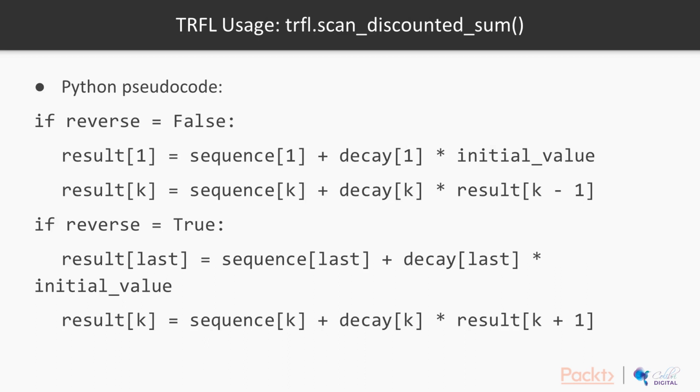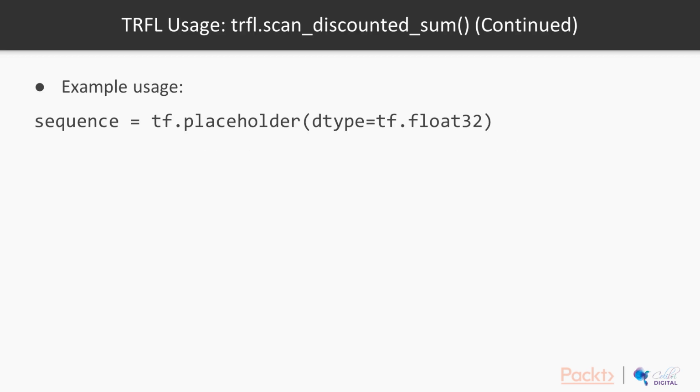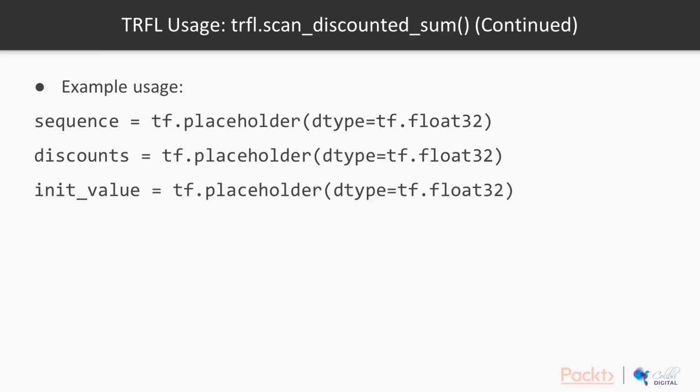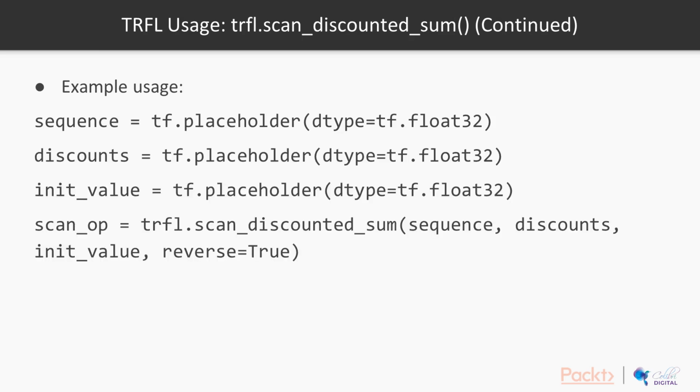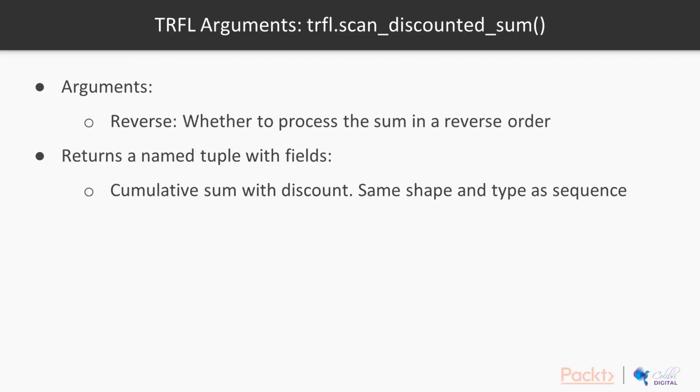We use it in the code for this video to apply discounts to a trajectory of rewards, as in the pseudocode seen here. For TRFL usage, we set up the placeholders for the sequence of rewards, the sequence of discounts, and the initial value of the sequence. Then in the session, we feed the reward, discount, and initial values trajectories into a feed dictionary for the TRFL tensor. The return is the discounted sequence and the initial value, discounted by the decay parameter. Reverse changes the order in which the sum is done.